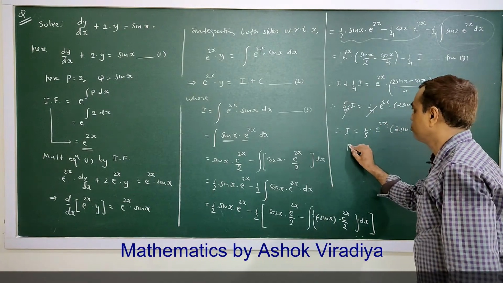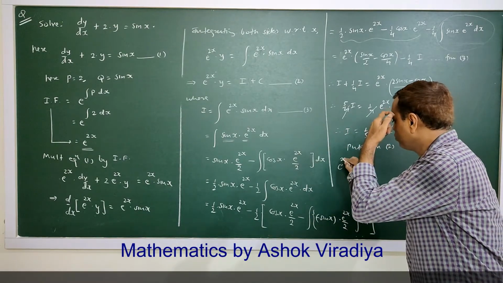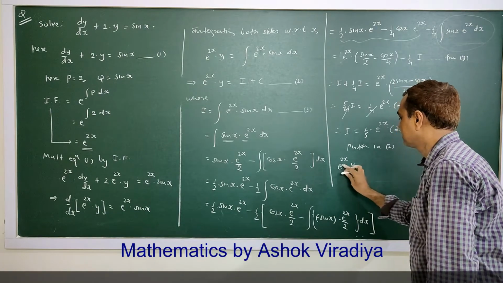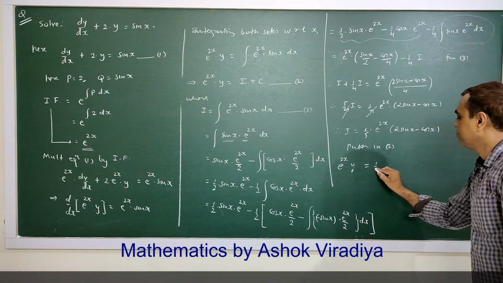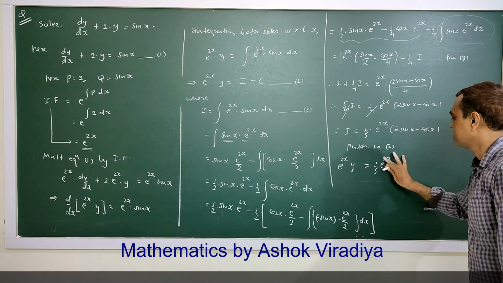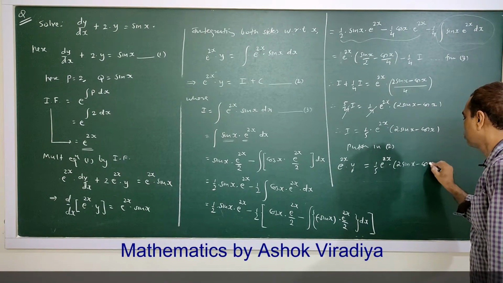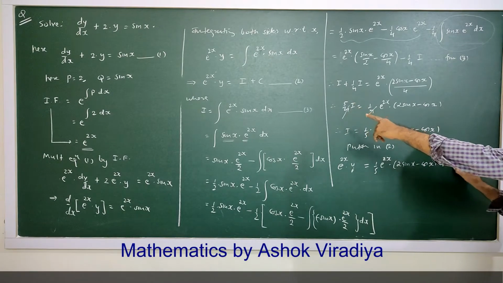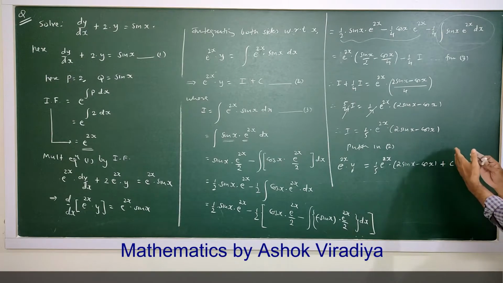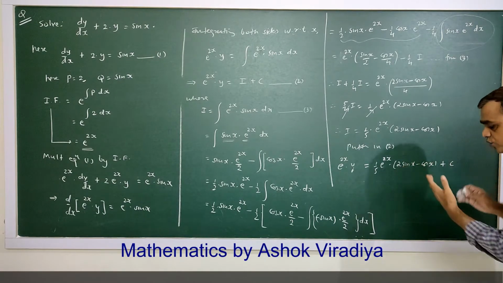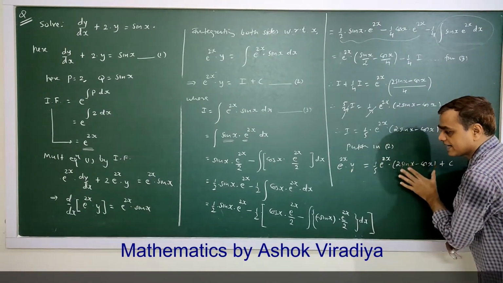So putting in 2, we have e raised to 2x into y. E raised to 2x into y is equal to 1 by 5 times e raised to 2x into 2 sin x minus cos x plus c. Now we can express this solution as y in terms of x.